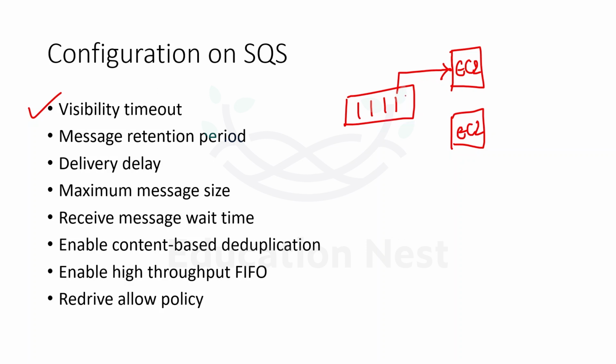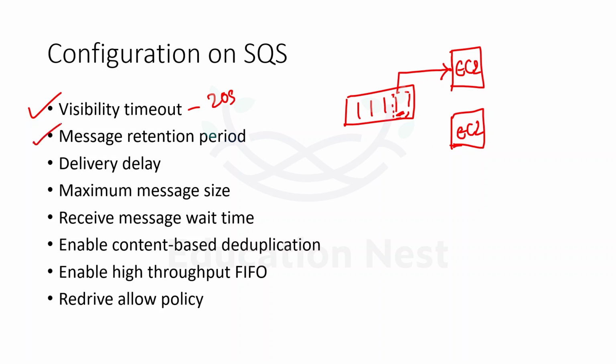If one of the EC2 instances takes up the message, then whatever the timeout is set, let's say 20 seconds, for those 20 seconds the other consumer won't be able to see this particular message. Right? So that is called visibility timeout.